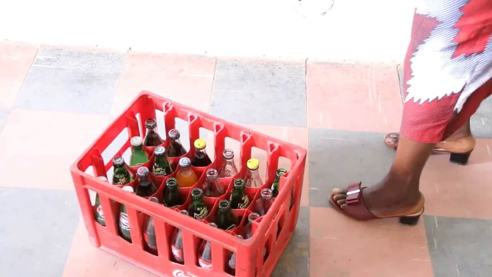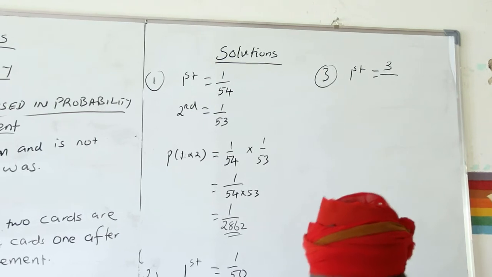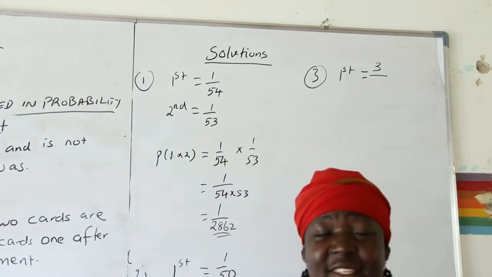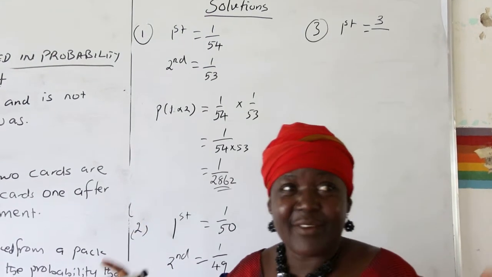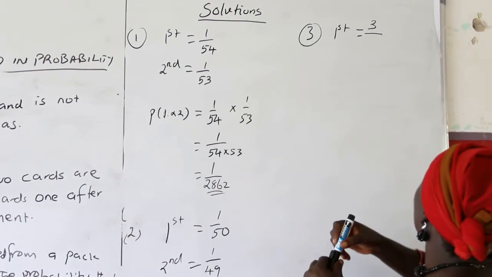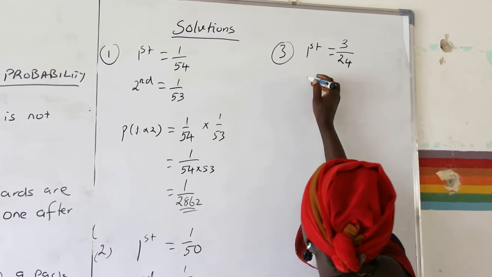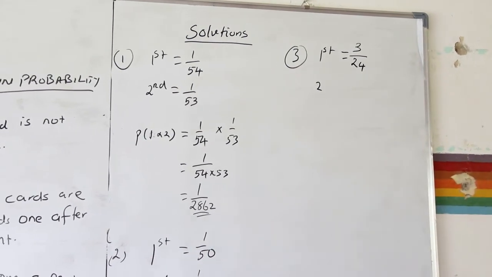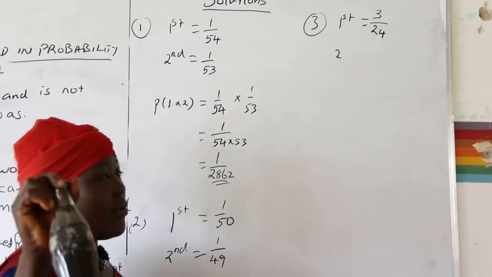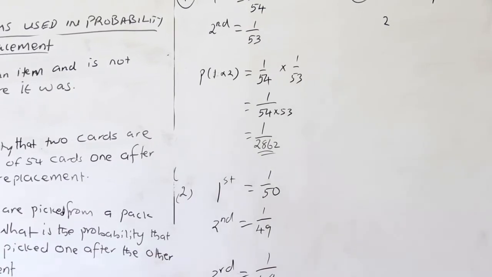So for this one it will be 3 out of how many bottles inside the crate? We are supposed to have 24. Any crate that is more than that is a new brand. So now we have 3 over 24. For my second picking, without replacement, let me take it aside.